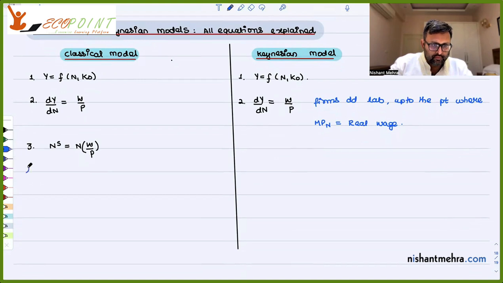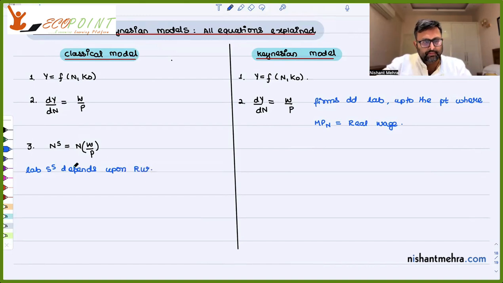The classical model assumes that wages are flexible because that ensures there is going to be full employment.